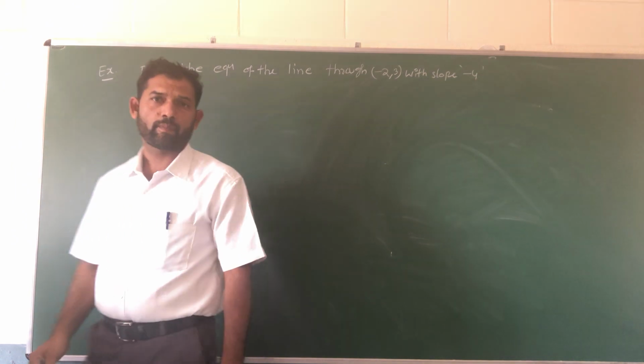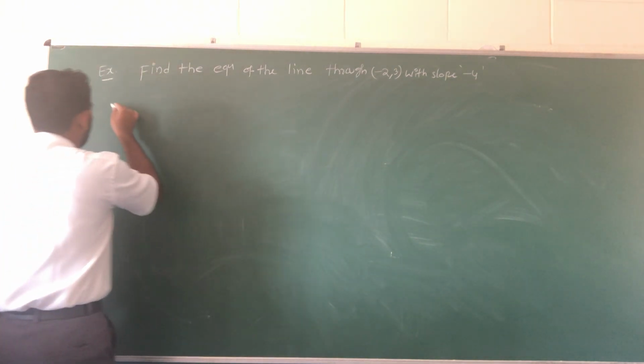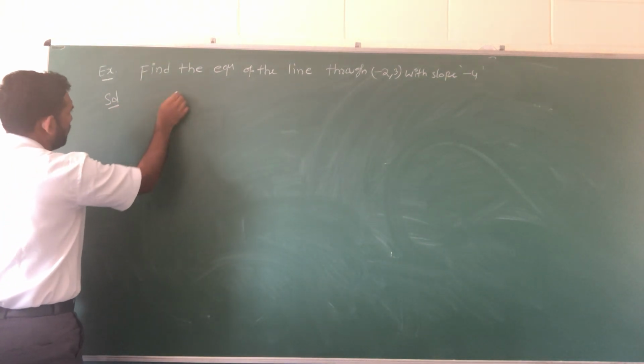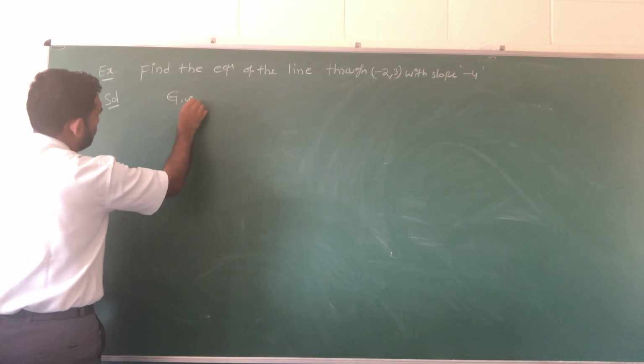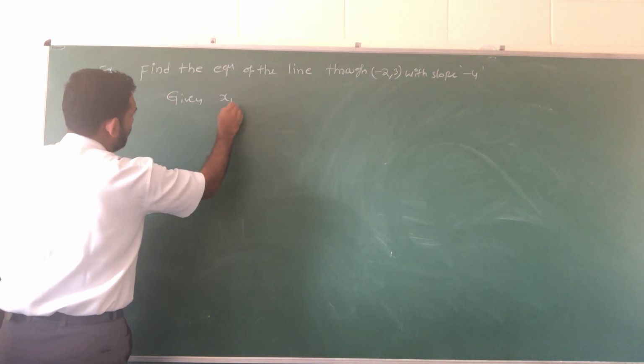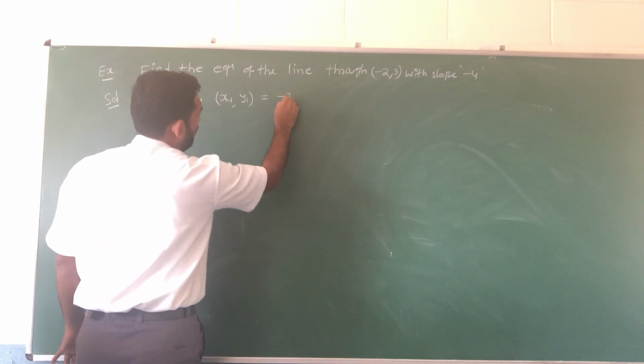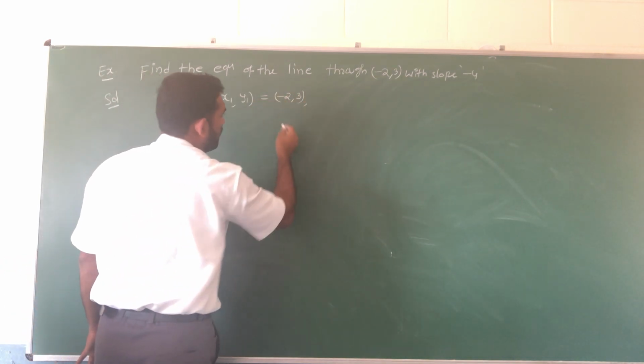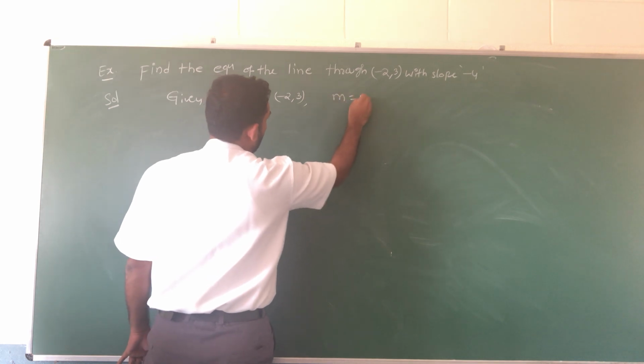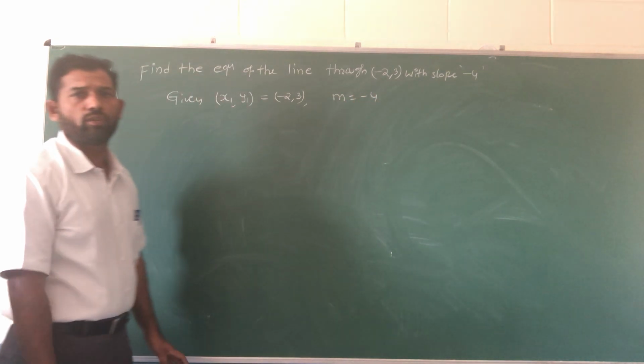So this is given. Solution: given (x1, y1) is equal to (-2, 3). The slope is denoted by m, so m is equal to -4.